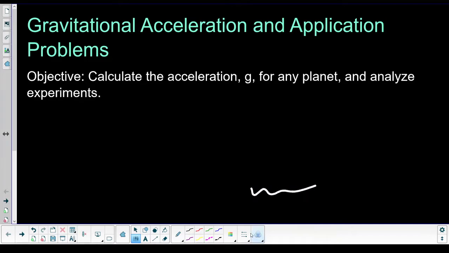And basically, I looked at what they want you to learn from this set of lessons. I think we're just about at the end of our time in uniform circular motion land, and we're going to try and wrap this stuff up. So, we're going to talk about gravitational acceleration. We haven't really explicitly talked about it yet.